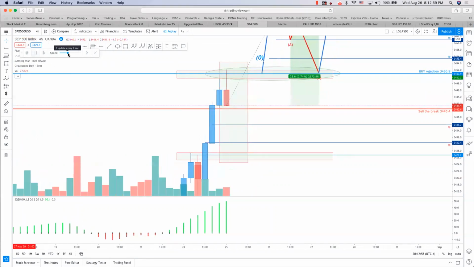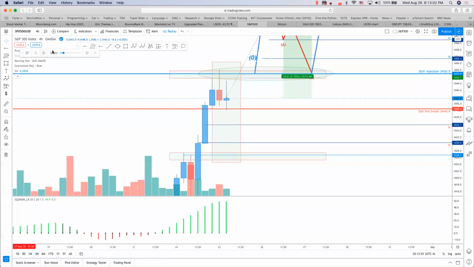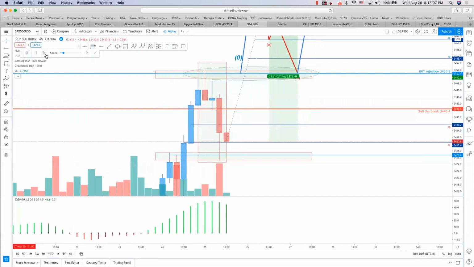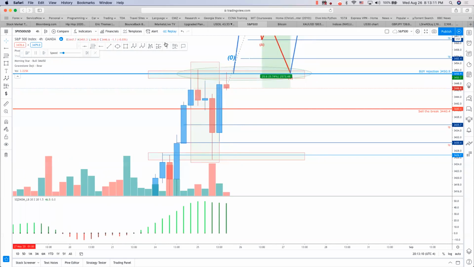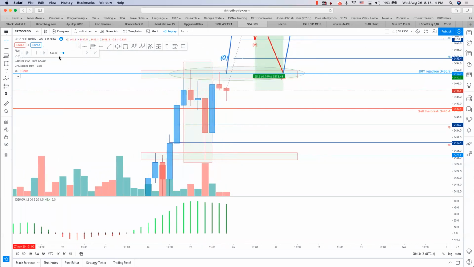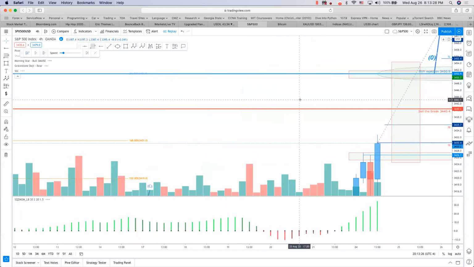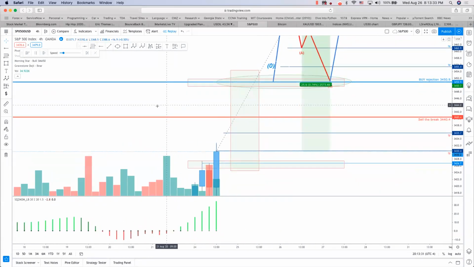But let me go back up here to show you this example. We're going to go slow instead. So let me go back. Hang on. Right here, right? So let's go back, and pay attention to how the candles open.